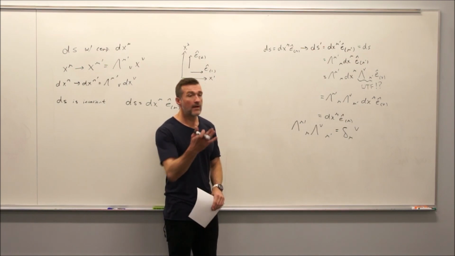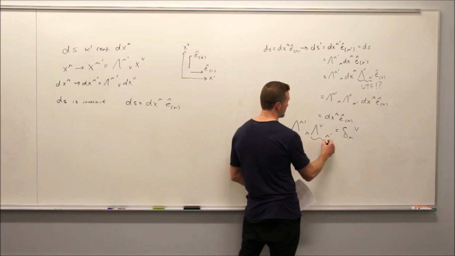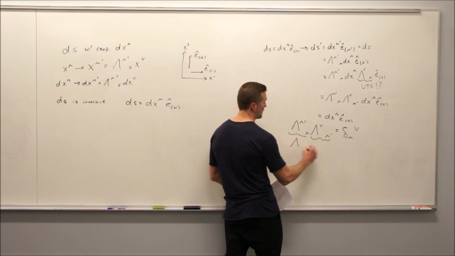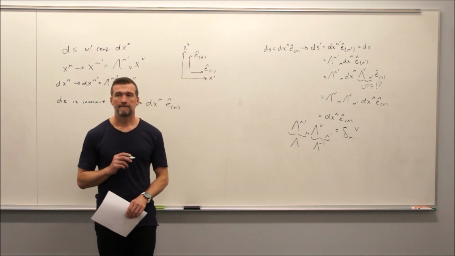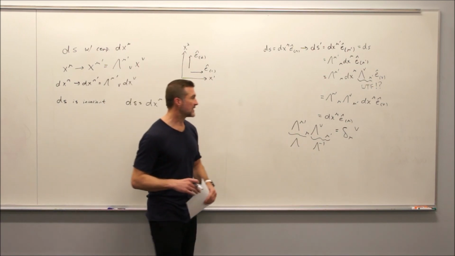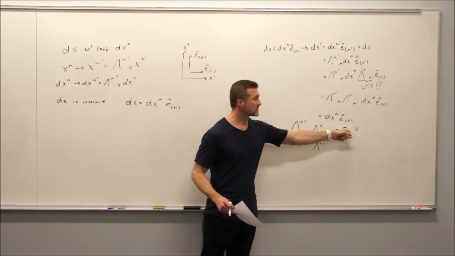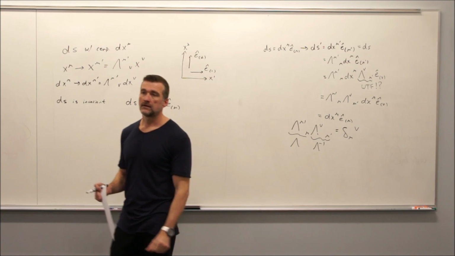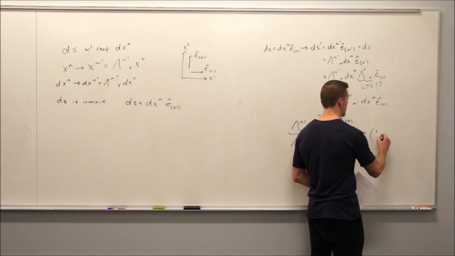But as Sarah rightfully pointed out, this is really just the statement that this is lambda inverse. Because this is really just matrix code for something times something else is equal to the identity. If you wrote this thing as a matrix, it would actually be the identity.